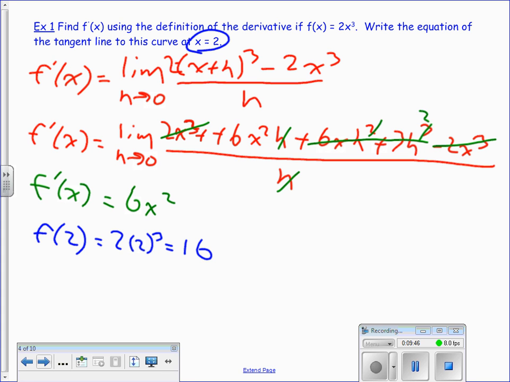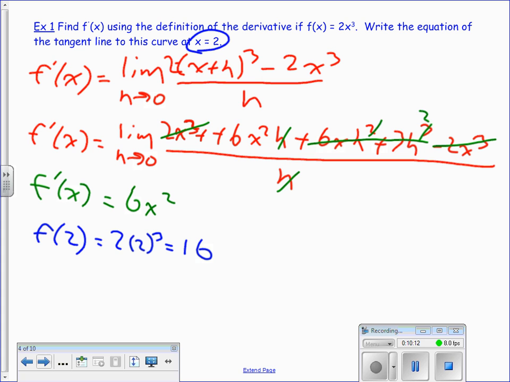Okay. How do I find the slope? The derivative. Remember, the derivative is the equation. This equation describes the rate of change of this equation. How fast is that changing? It's changing 6x squared at any point x. This equation describes how that one is changing.